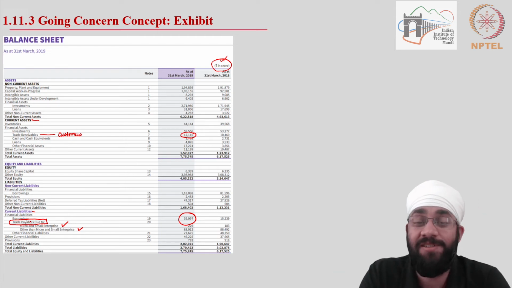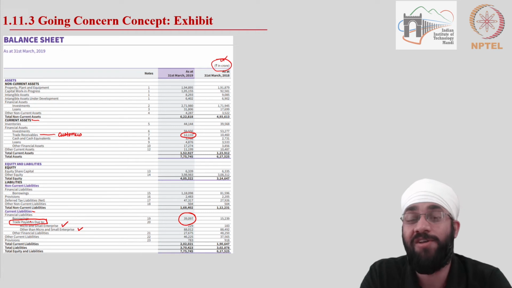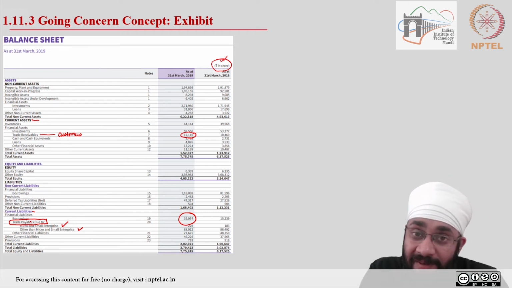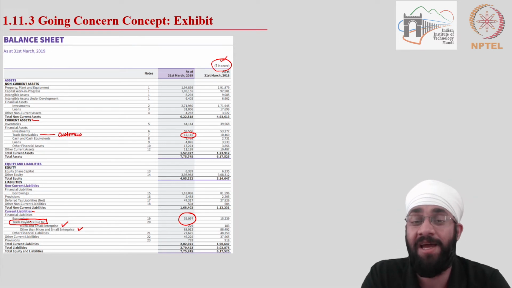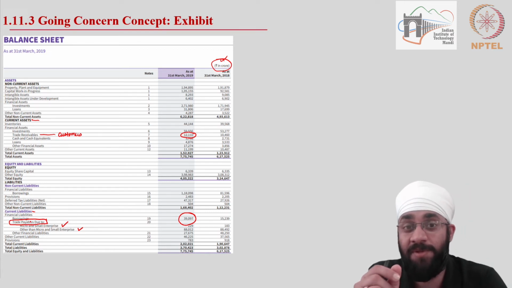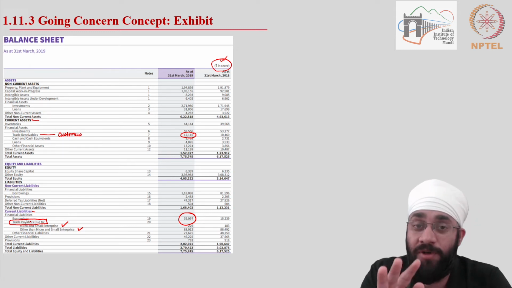So if the business was not expected to continue for long, all of this would not be possible. And business is expected to continue for long because of the previous principle, which was business entity principle. Owner's entity is separate from the business, and business has an eternal legal entity, and this business can be sued, this business can be transacted with independent of its owners.